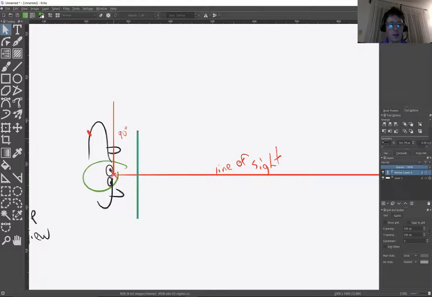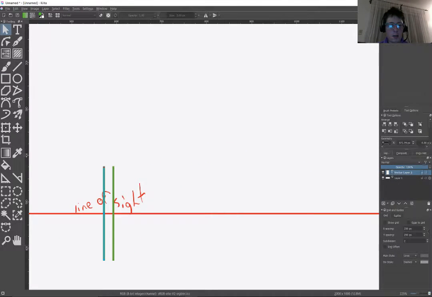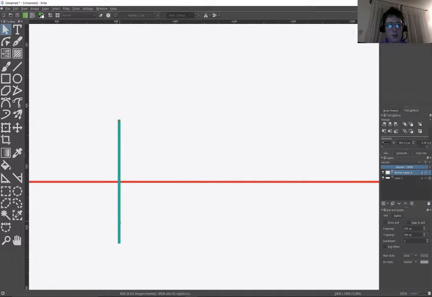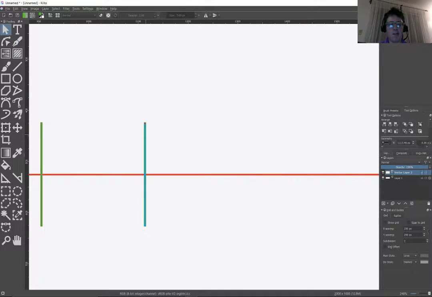And perhaps there's one there. One over here. They don't have to be perfectly spaced. Because right now we just want to see the rays that get generated from this as they approach our eyeball.